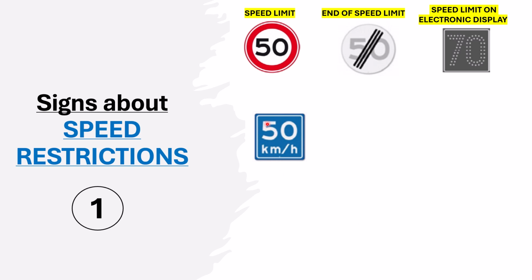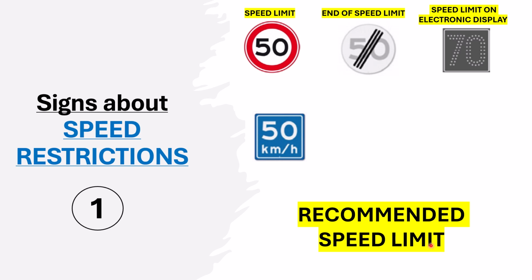And if you see this square shaped speed limit signboard with a blue background, it is the same kind of signboard with the same speed limit as I explained before, but the only difference is that was a must follow speed limit, but this is the recommended speed limit.